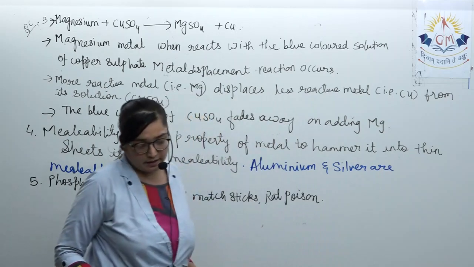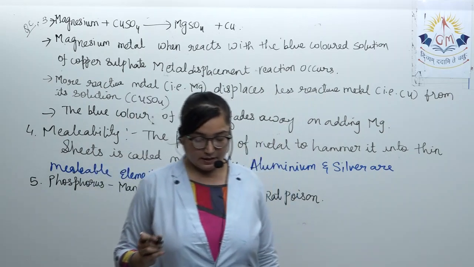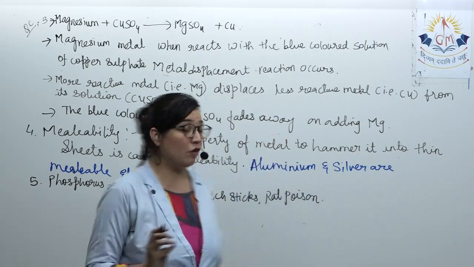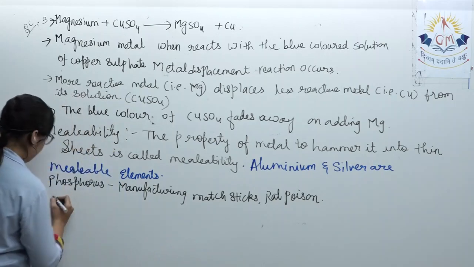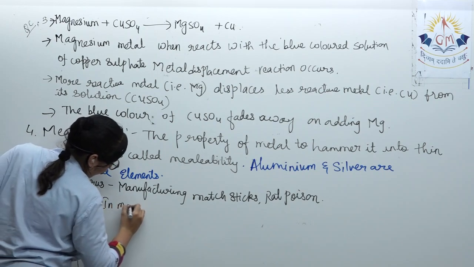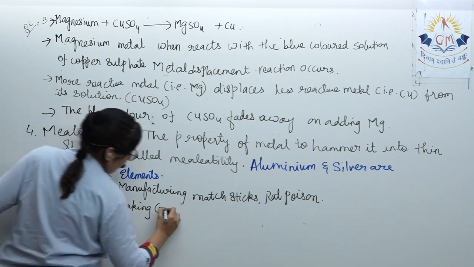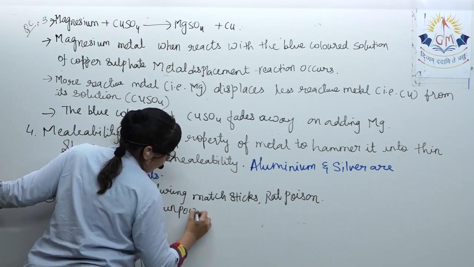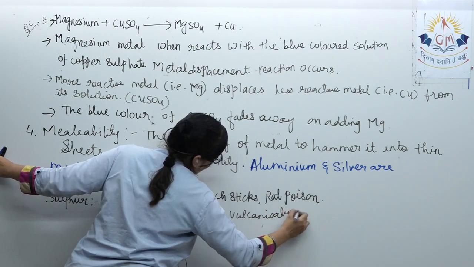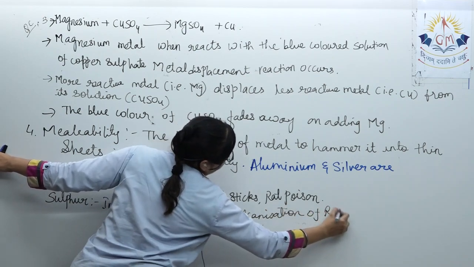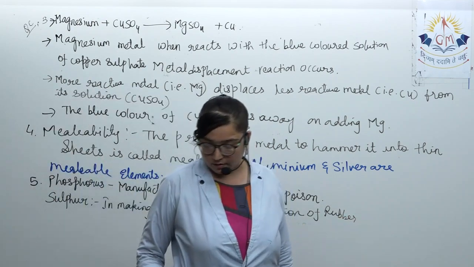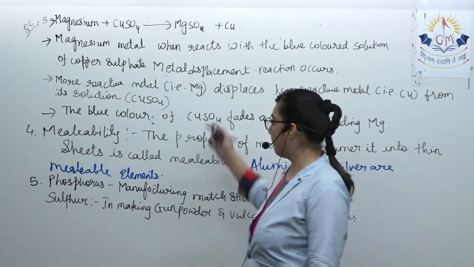Then further, you have sulfur. Sulfur is used in the manufacturing of gunpowder and in vulcanization of rubber. First note this down, then we'll move further.